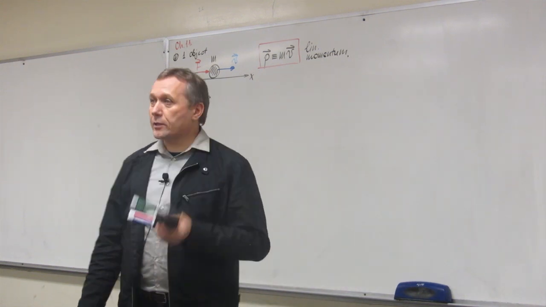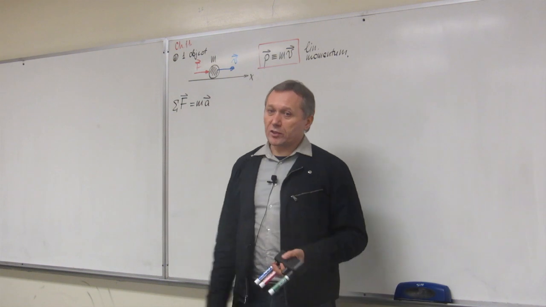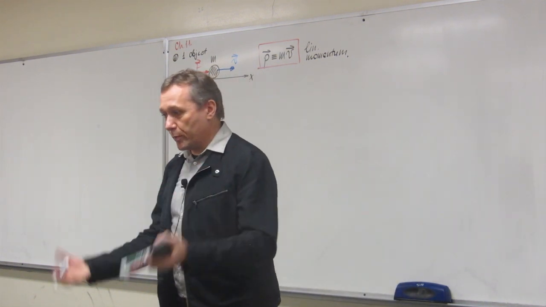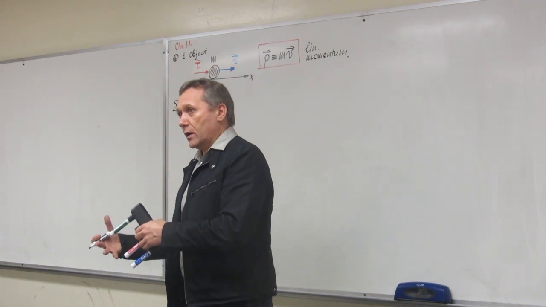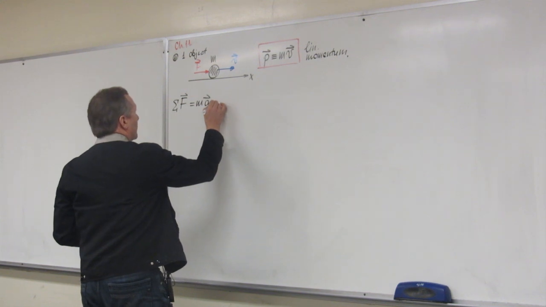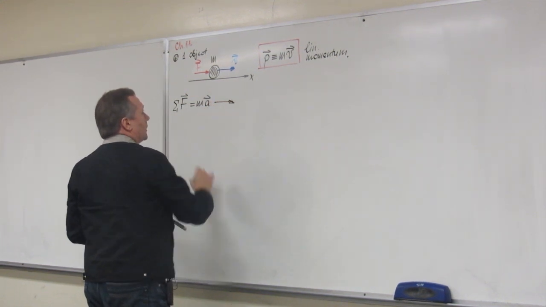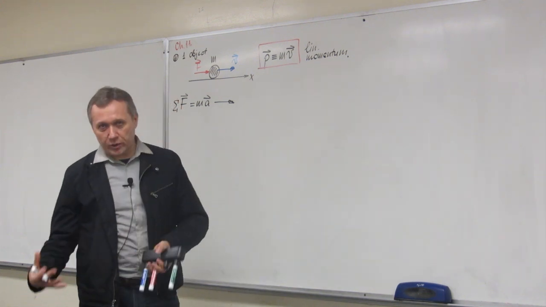But as I told you in the lecture, this form of the Newton's second law is not capable of describing, for example, motion of an object whose mass changes as the object moves. So in order to describe motions like that, we rewrote Newton's second law in the most general form.